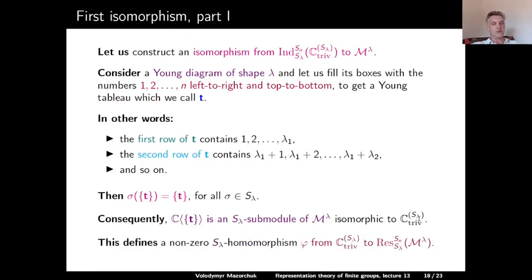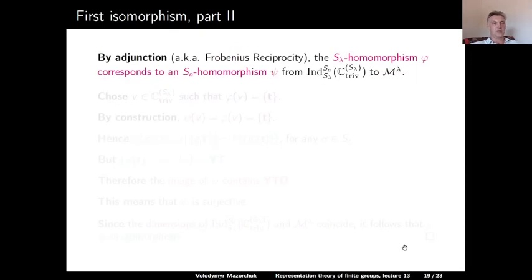In other words, we have a non-zero S lambda homomorphism, let's denote it by phi, from the trivial S lambda module to the restriction of the permutation module from Sn to S lambda. By adjunction, or as we called it, the Frobenius reciprocity, this S lambda homomorphism phi corresponds to a non-zero Sn homomorphism psi from the induced trivial module to M lambda.